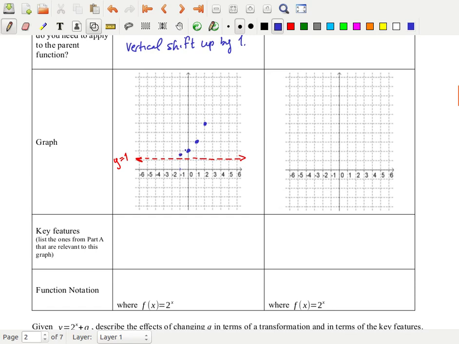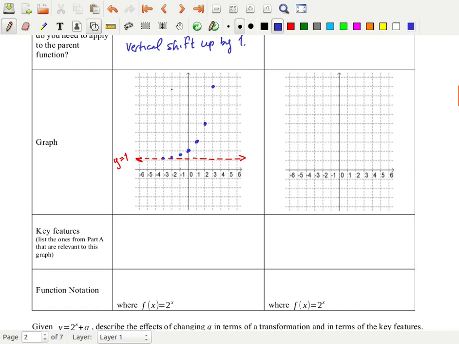And you can see that's a half a unit above the new asymptote. And then we will have one that's a quarter unit above the new asymptote and an eighth of a unit above the new asymptote. And if we go over here to x equals 3, we'll have something that is 8 units above the new asymptote.